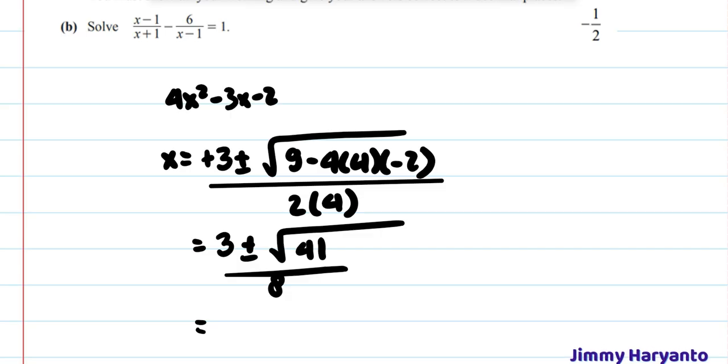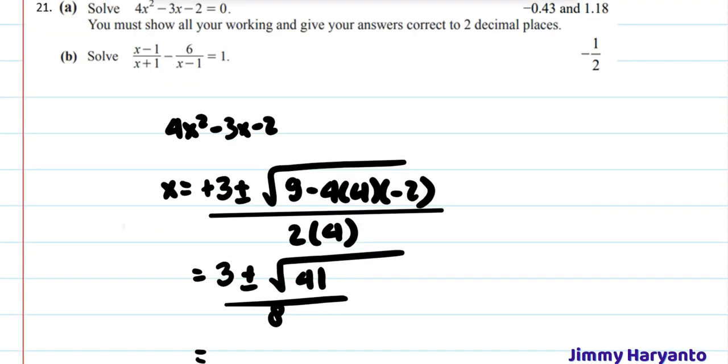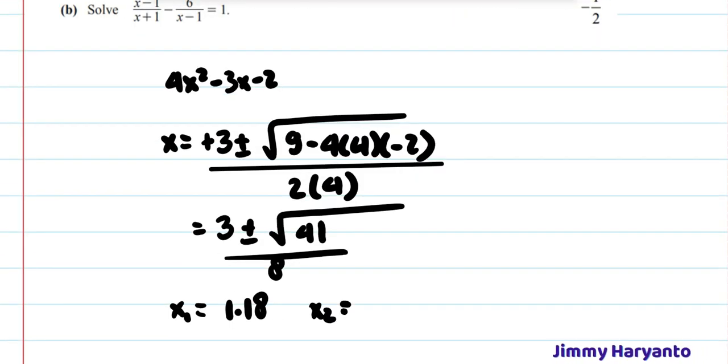So 3 plus square root of 41 divided by 8 equals 1.18. Yes, nice, 1.18. This is the first x.